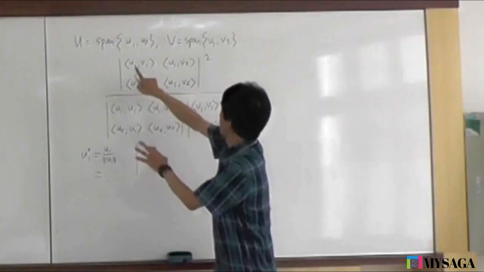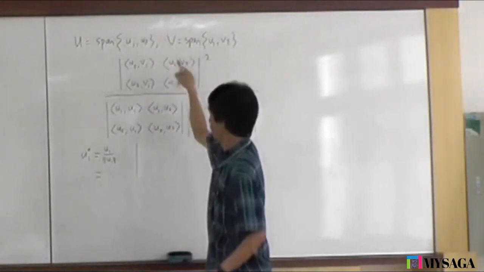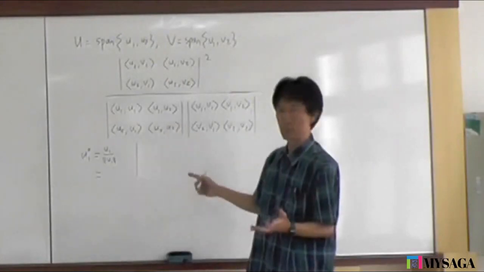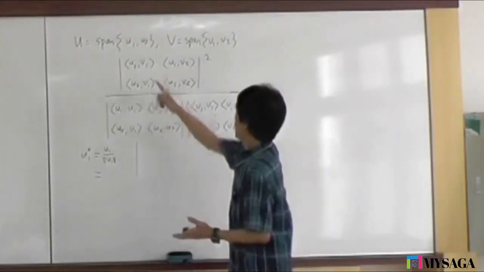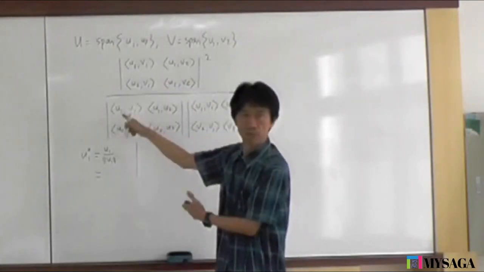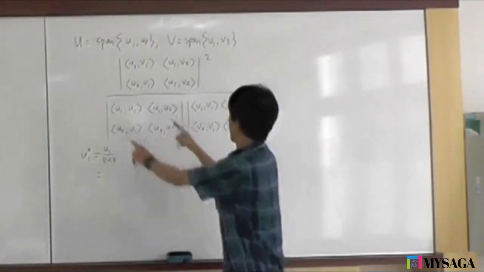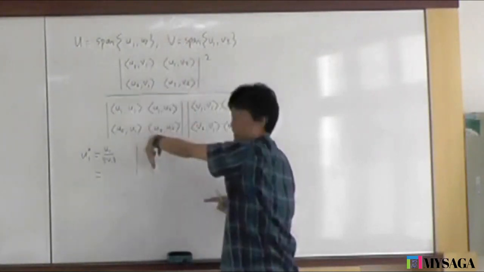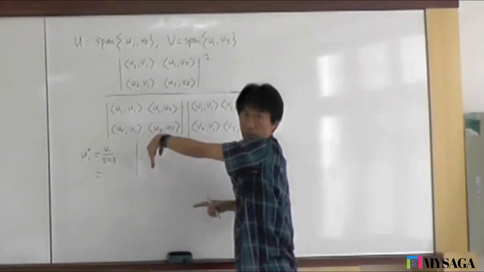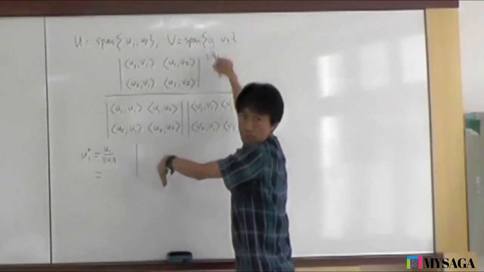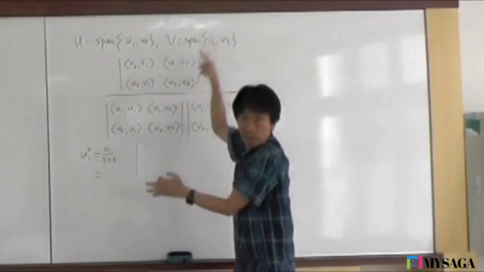That means I multiply the first row by 1 over norm U1. Of course, I'm assuming U1 is not 0. But then we'll change the determinant. Here I will also get the same thing: 1 from the first row, 1 from the first column. Here, just from the first row, but squared. So they cancel.